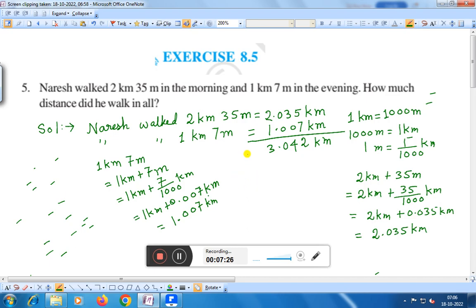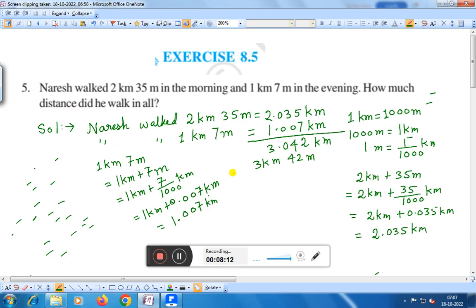It can be written as 3 kilometer 42 meter, right?